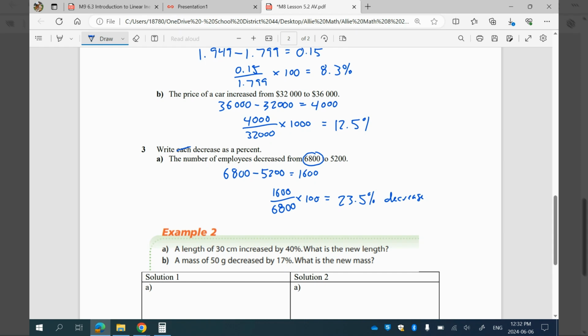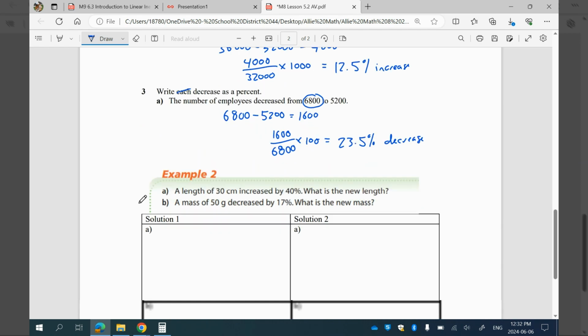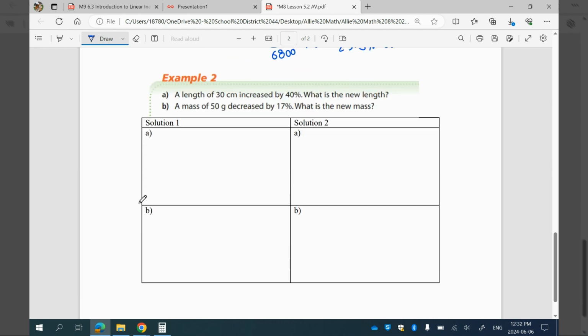Okay. And I guess we could say here increase if we want. It's up to you.